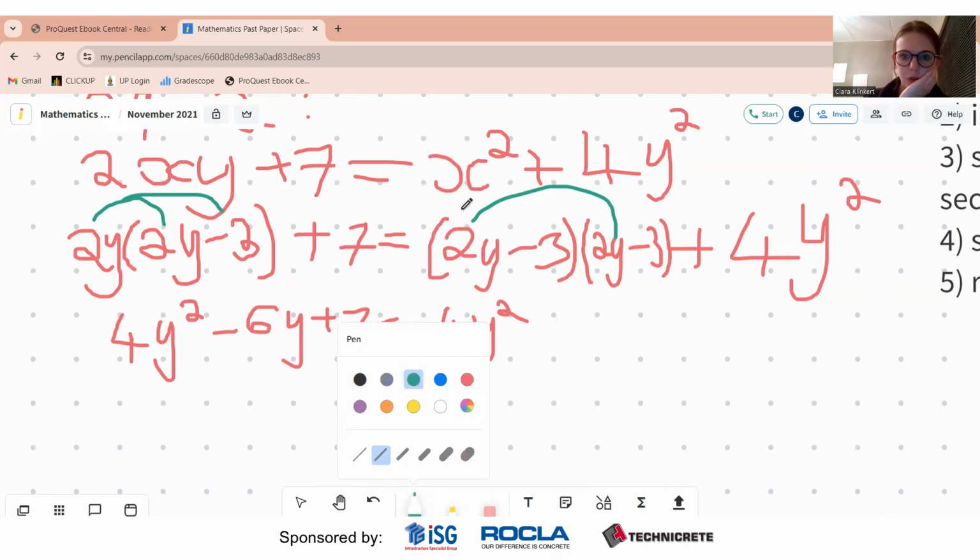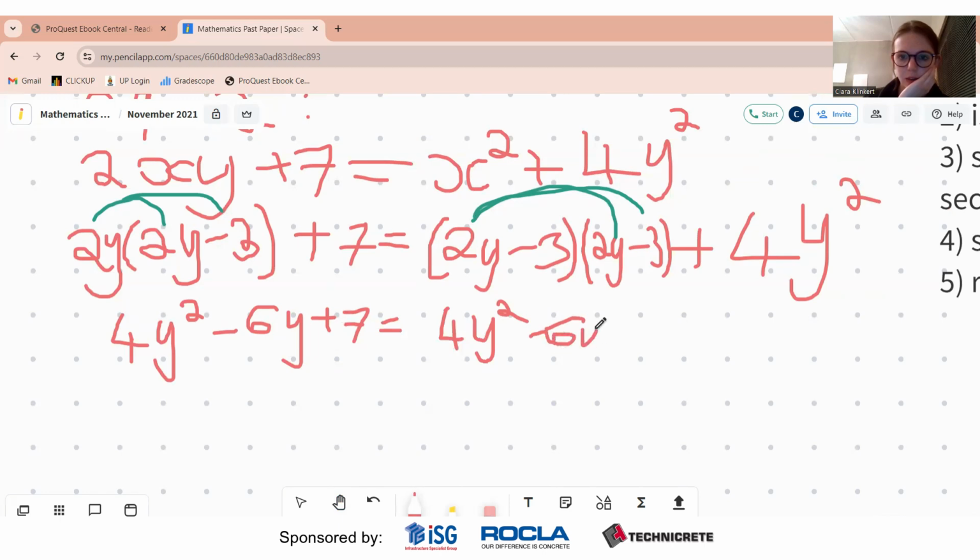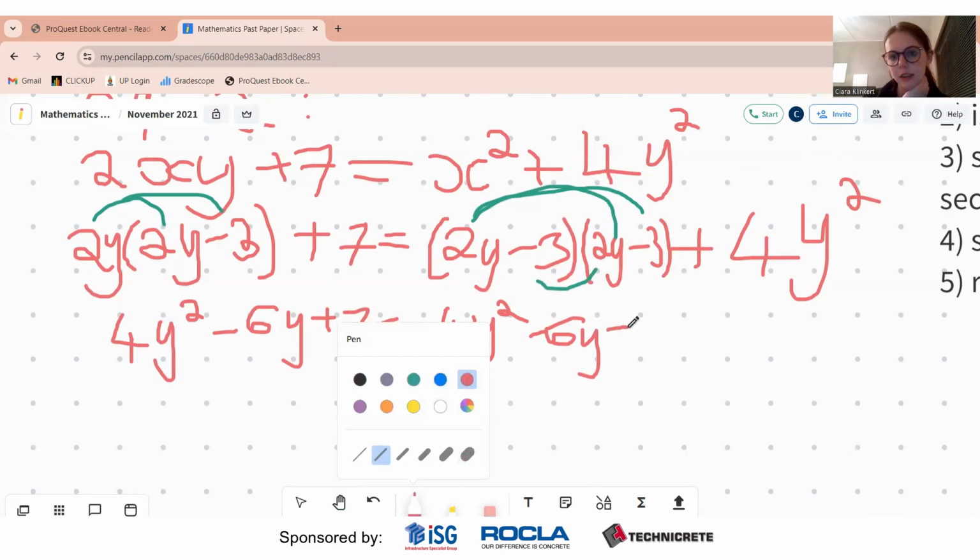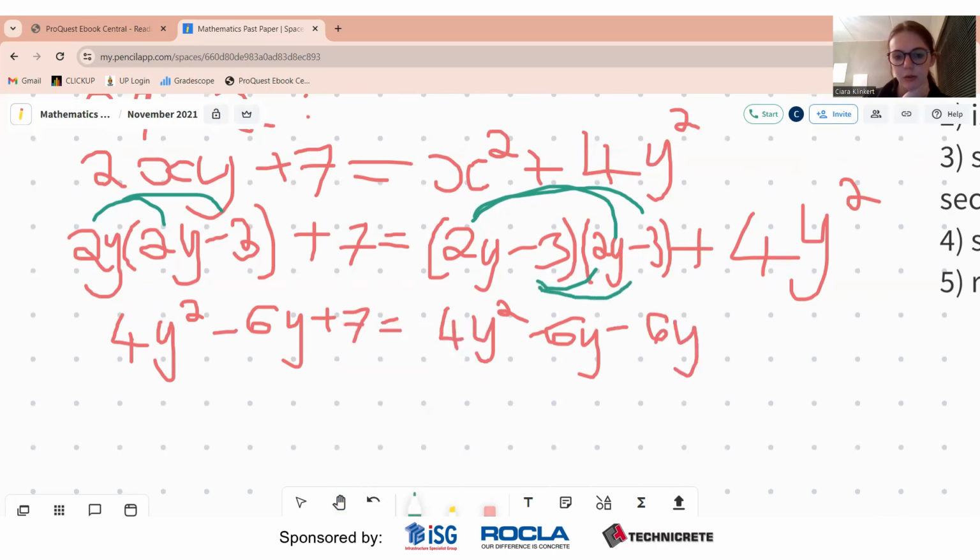Then 2y multiplied by minus 3, which is minus 6y. Then minus 3 multiplied by 2y is minus 6y. And minus 3 times minus 3 will give me positive 9. Okay, and then all of this plus 4y squared.